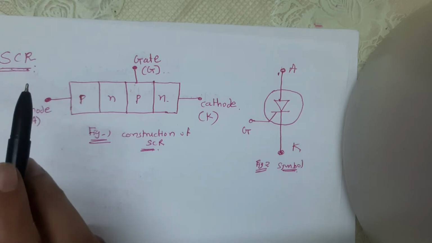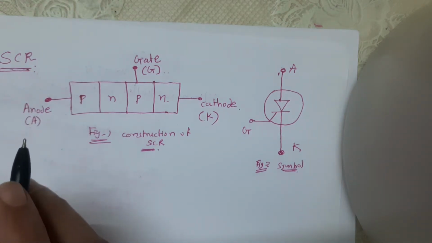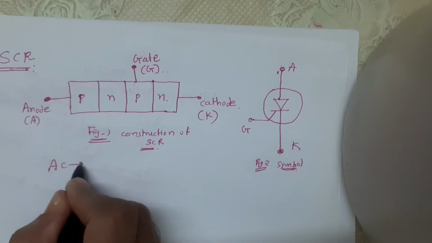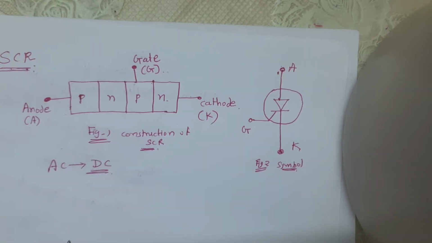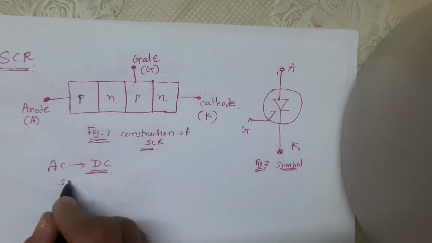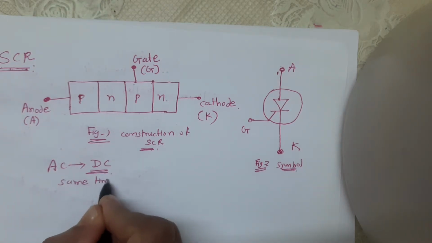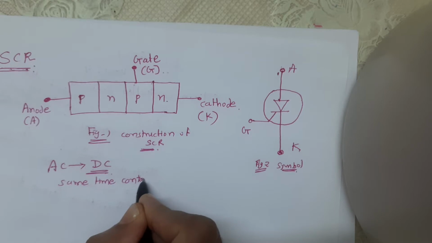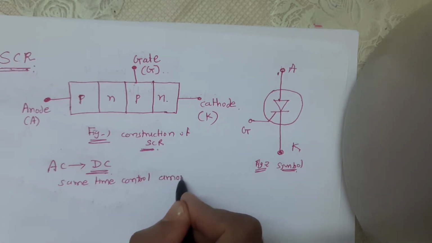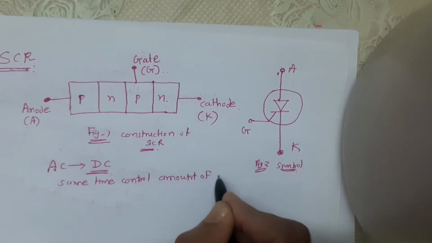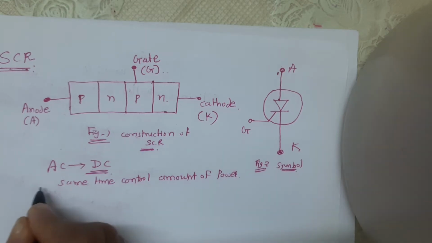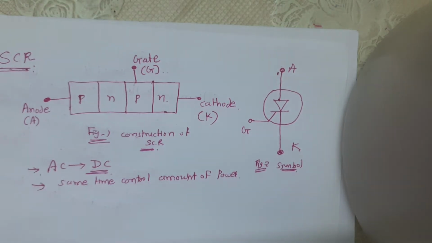Now it can change alternating current into direct current, and at the same time control the amount of power which is fed to the load. This is the function of the SCR.